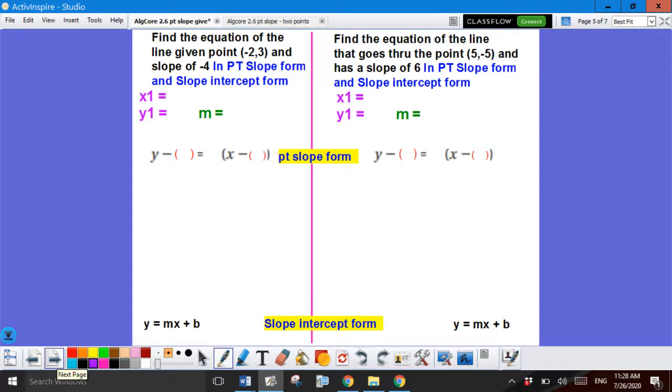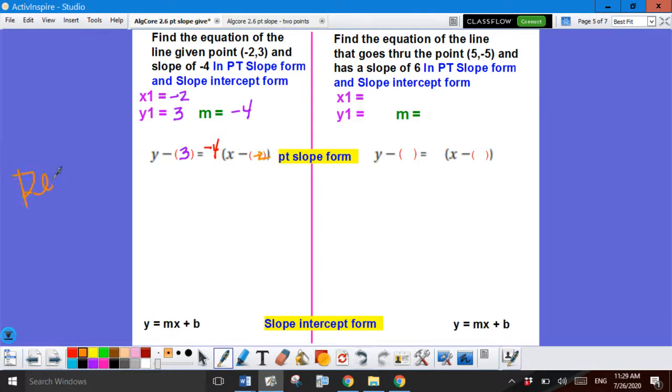Okay, let's try it again. So find the equation of the line given point negative 2, 3. So my x1 is negative 2, my y1 is 3, and my slope is negative 4. And again, y minus parentheses equals, x minus parentheses. Use your parentheses. So y minus y1, that's the 3. Then I have my slope. Then I have my x.